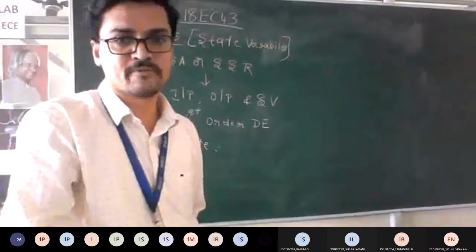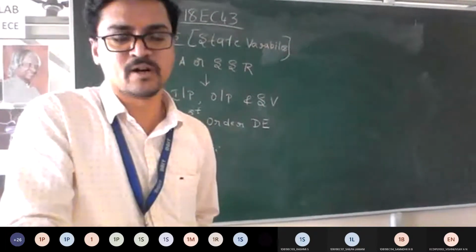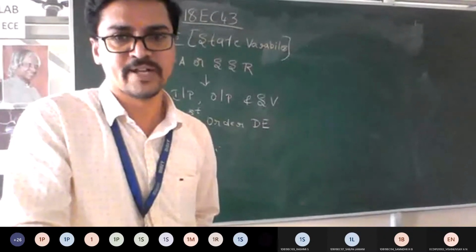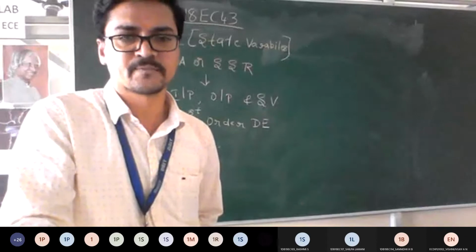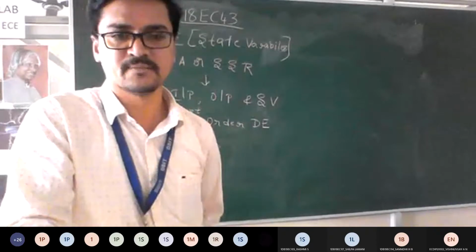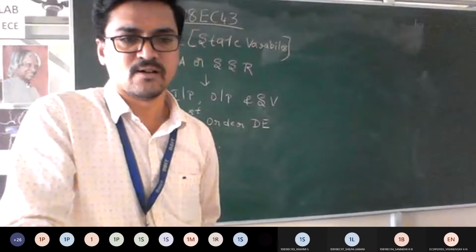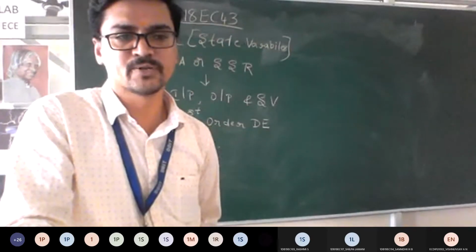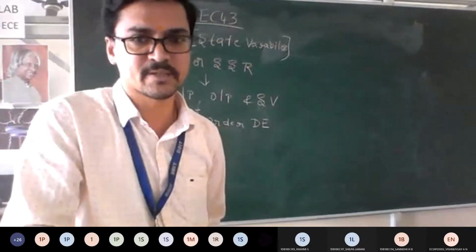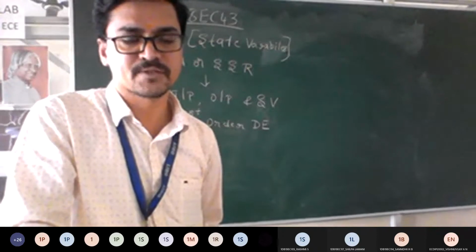Write down the definition for state, guys. It is a group of variables which summarizes the history of a system in order to predict the future values.